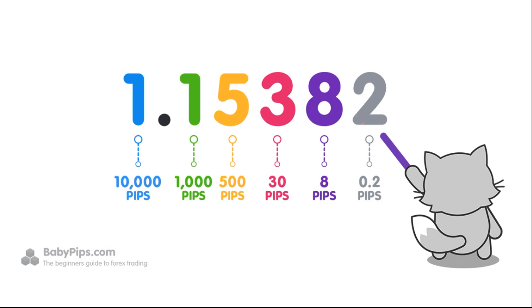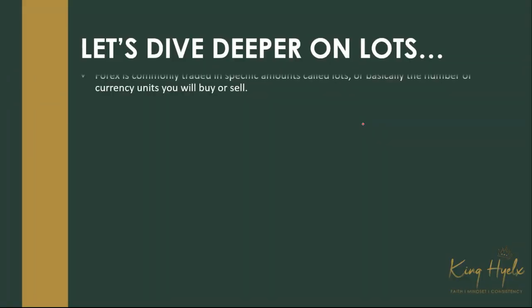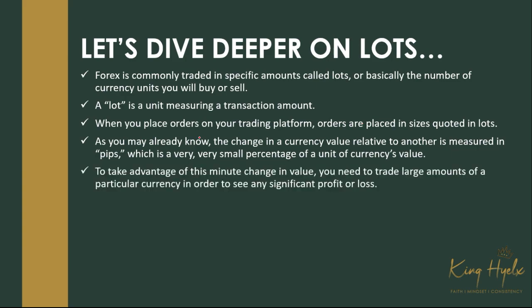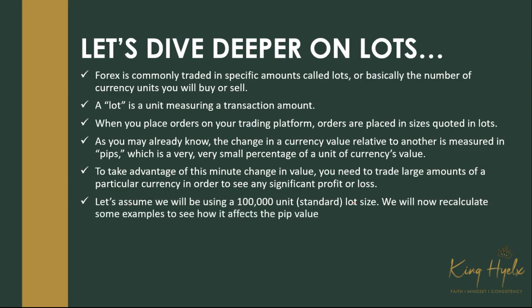You won't make any substantial profit, right? That's why I said you cannot just buy €1 or $1. You have to buy in lots, right? So to take advantage of this minute change in value, you need to trade large amounts of a particular currency in order to see any significant profit or loss.